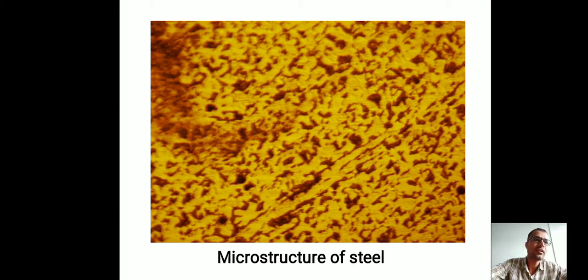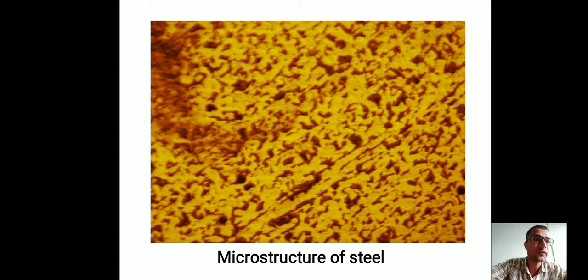Take that sample and put it under a microscope. As you know, inside the microscope magnifying lenses are there. Magnification means to zoom. So 5x, 10x, 20x, 25x, 50x. Likewise magnifying lenses are there. So select any magnifying lens according to the requirement.